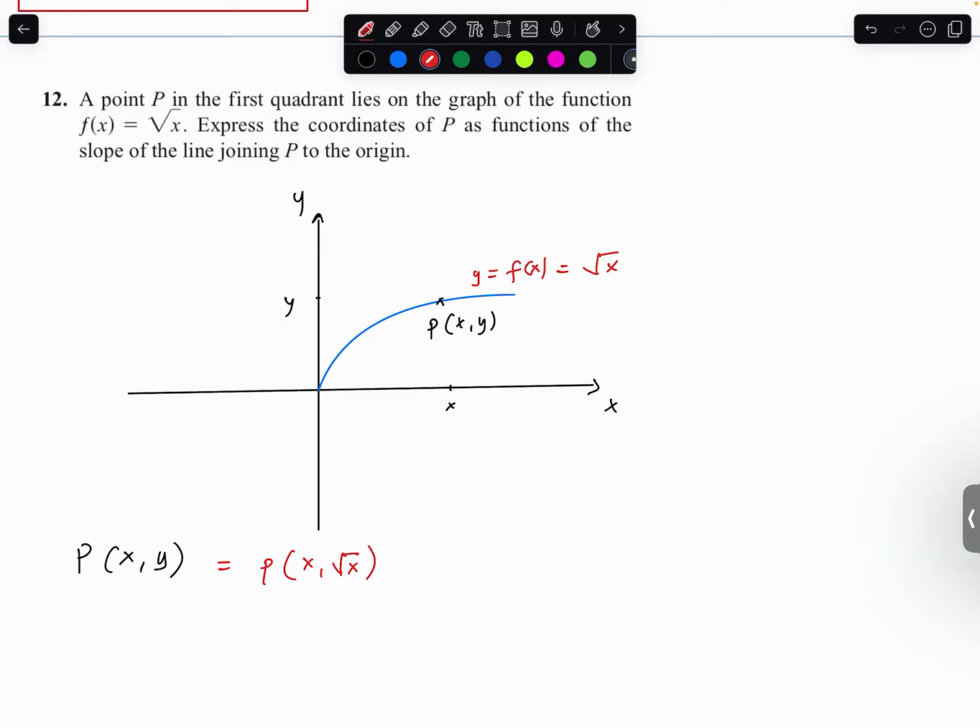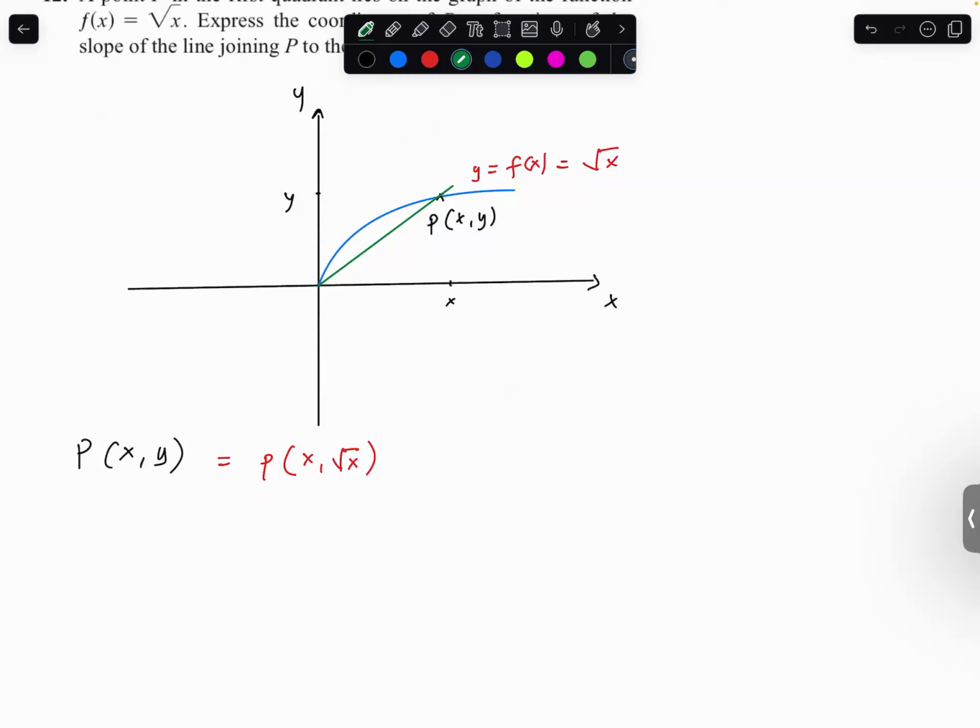Now, if we take any line that connects this point P to the origin, for example this green line, it connects the point P on the graph to the origin. If you recall, the equation of any linear line is y equals mx plus c, where m is your slope and c is the intercept on the y-axis.